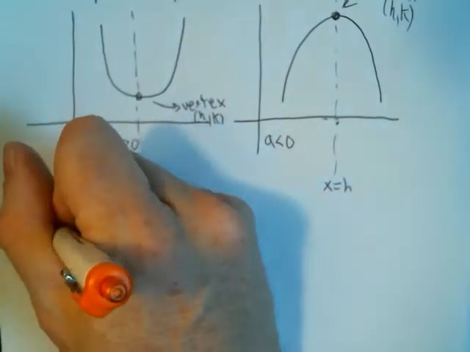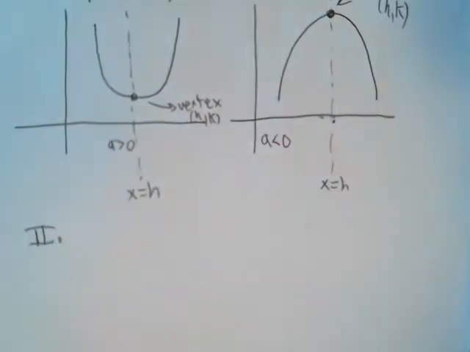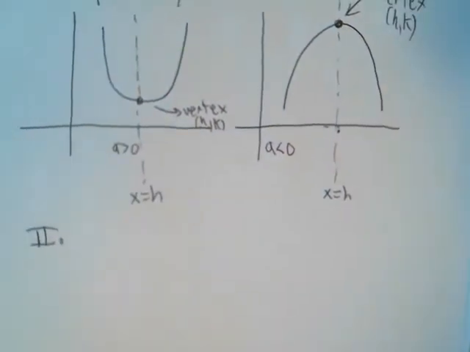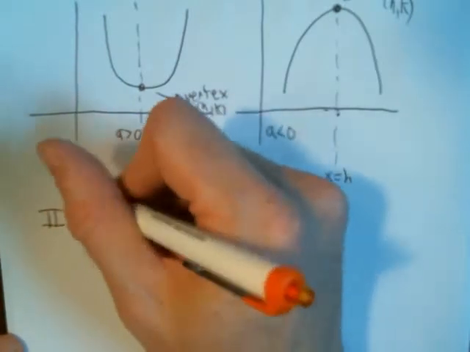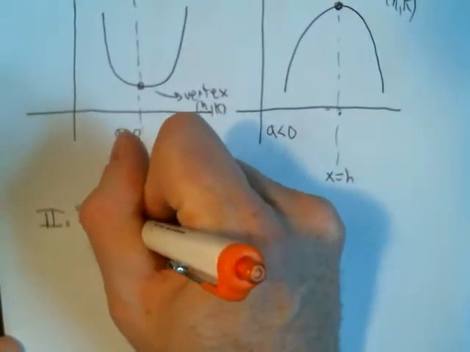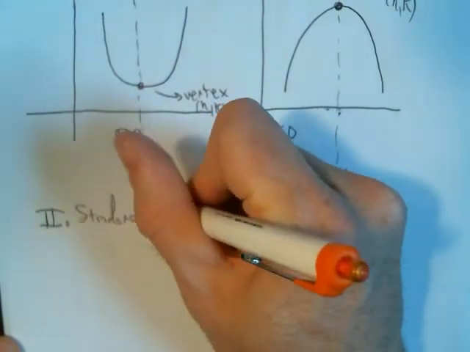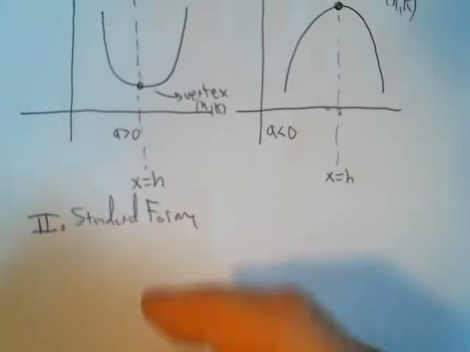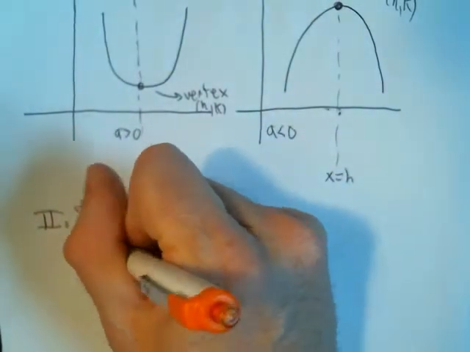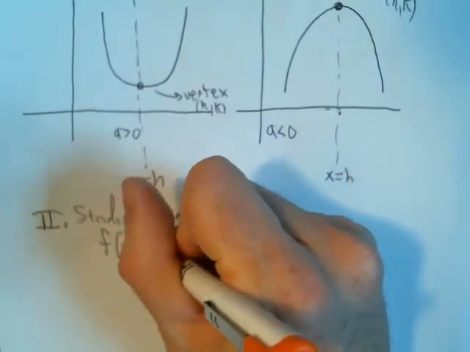We have a couple forms for these equations, just like with the equation of the line. You've got like 3 forms for it. Now you have a couple forms for the quadratic. So the first, the standard form, and sometimes it's called the vertex form because you could read the vertex right off of this form.